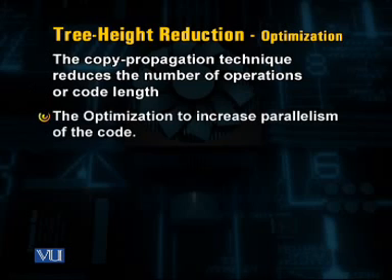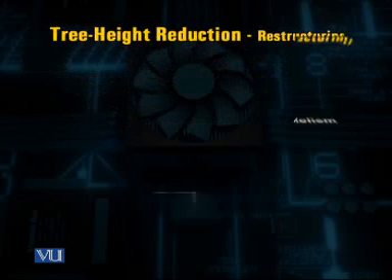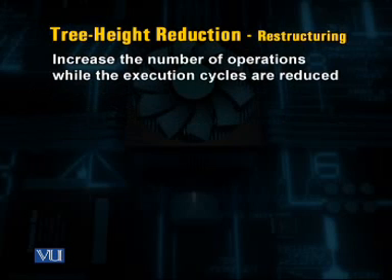Now we will talk about the optimization to increase parallelism of code. The optimization is possible by restructuring the code, which may increase the number of operations while the execution cycles are reduced.